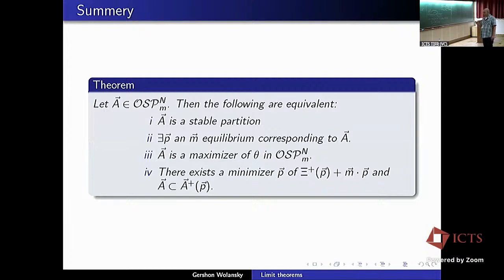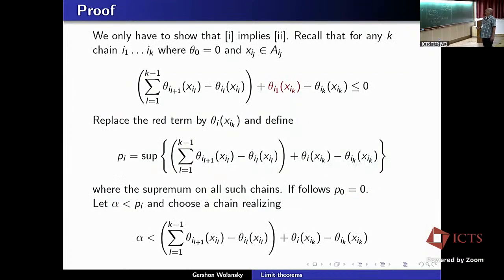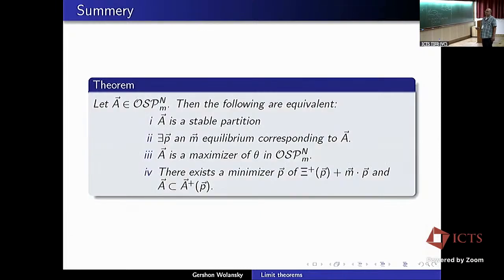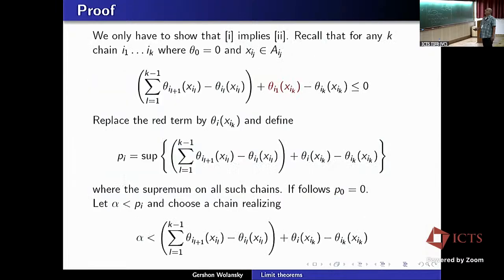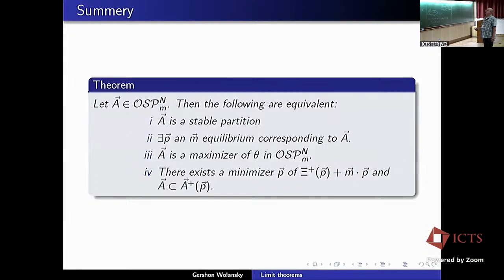So what we have to prove is that if we have a stable partition, meaning cyclic stability, then there exists such a price P, an equilibrium price P.